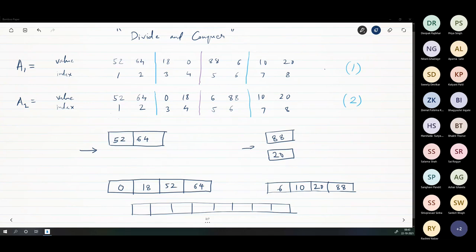Bhavika, what did I say? Oh my God. Is it clear that the number of comparisons that we make is the total amount of time that we are required?